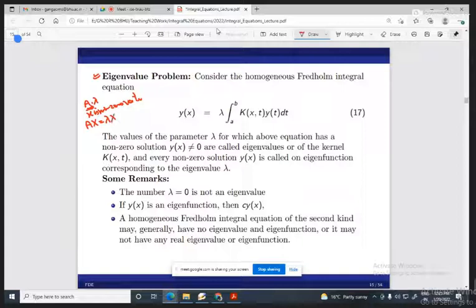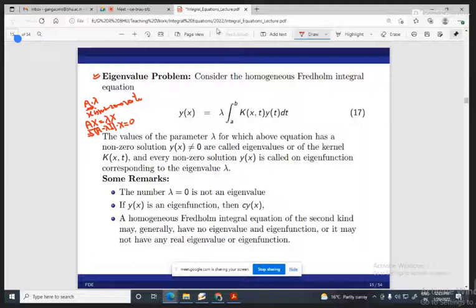Do you agree? Yes, sir. Okay, Ax equals lambda x, and we can also write this equation as (A minus lambda I) x equals 0.